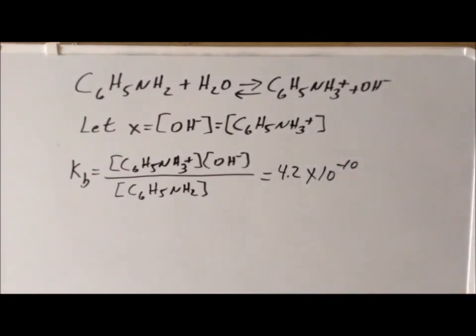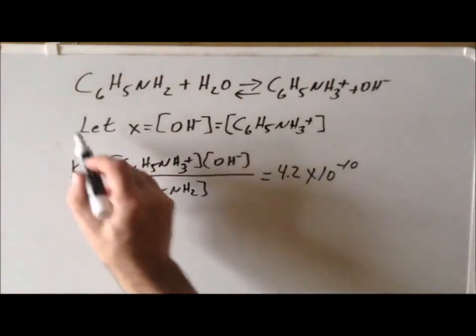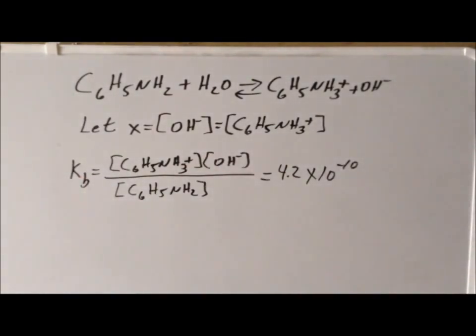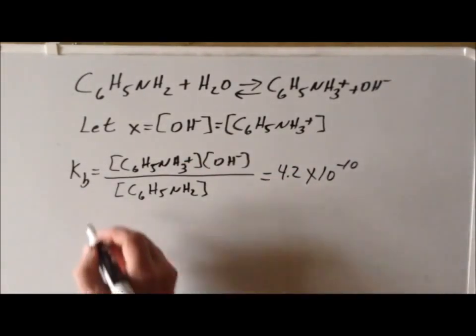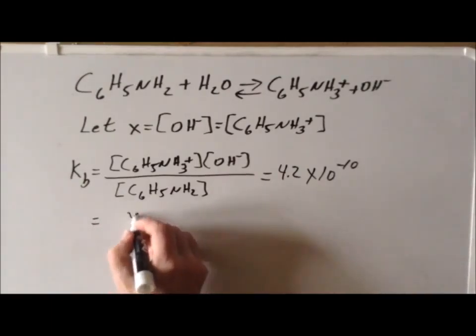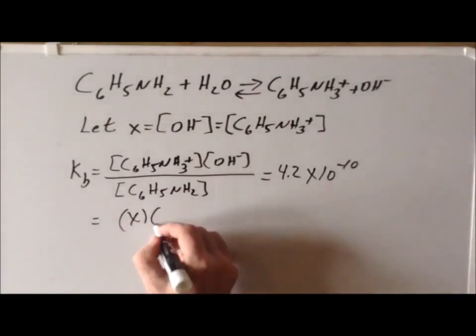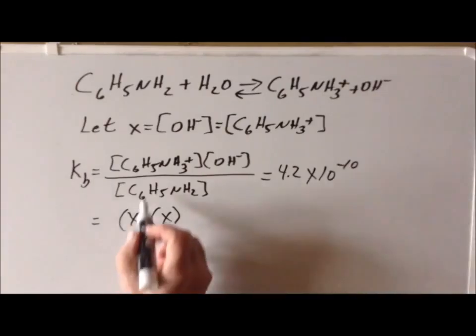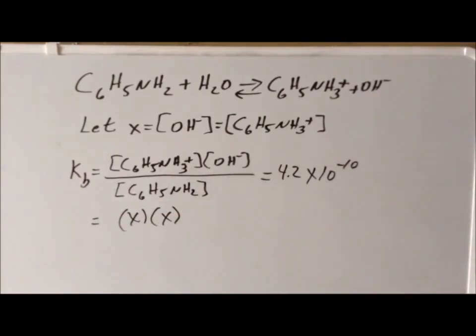Immediately we can use the fact that we've already set the variable X equal to the hydroxide concentration and the concentration of the anilinium ion, so that we get X times X. And then the concentration of aniline in the denominator is the equilibrium concentration of unreacted aniline.